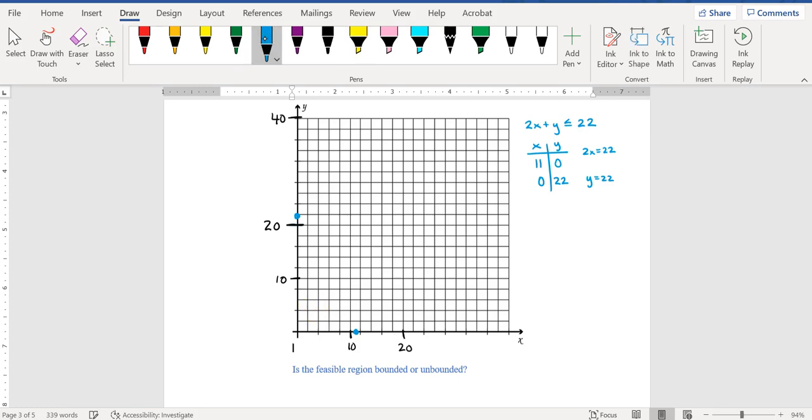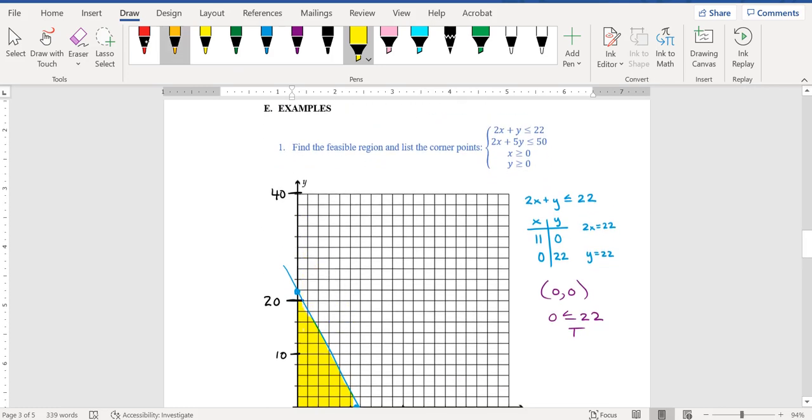So let's go pick a test point. 0, 0 will work. So if I pick 0, 0, I get 0 less than or equal to 22, which is true. So I do want to shade down here. All right, that's the first inequality.